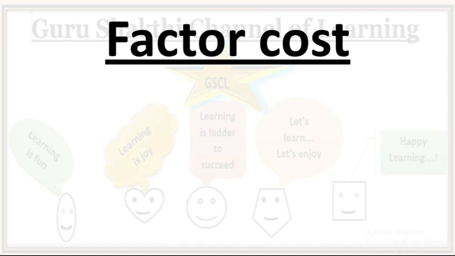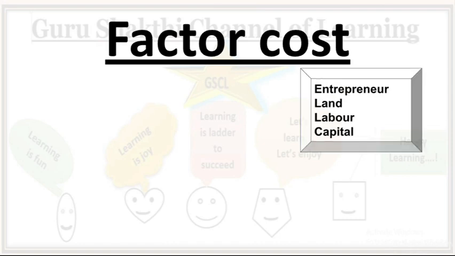Who and what are the factors of production? Does it cost some amount of money? Yes, it does. When we intend to produce something, there is collaboration of mainly four factors of production. They are the entrepreneur, land, labor, and capital.